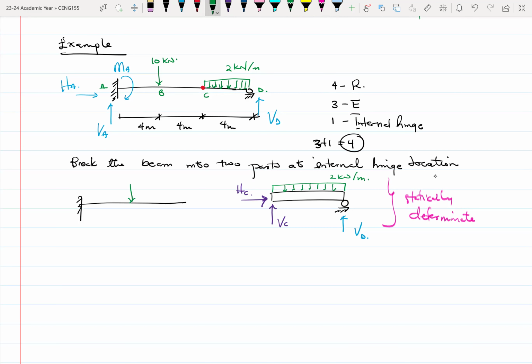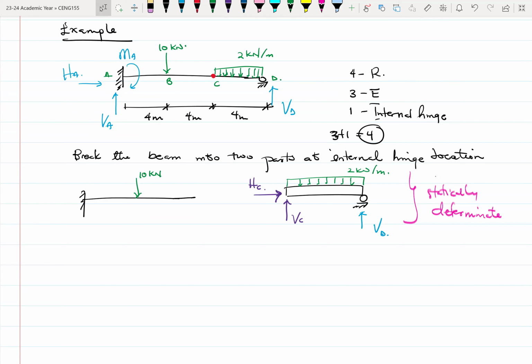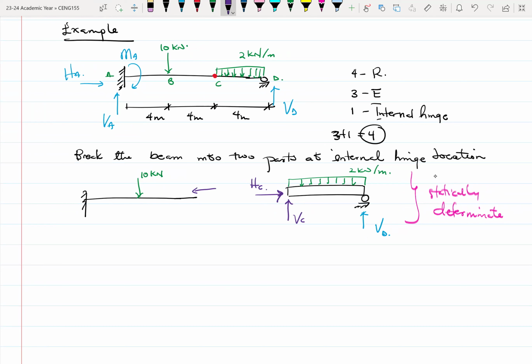So I have here my 10 kilonewton load. One of the easiest ways I've found is that when you're putting forces on whichever side you decide to go with, whatever you put on one side, you put an equal and opposite on the other side. On my right-hand side, HC is going towards the right, so I can make HC go towards the left.